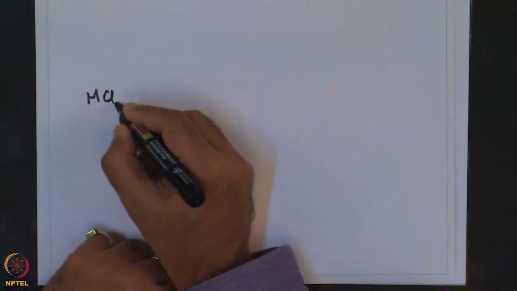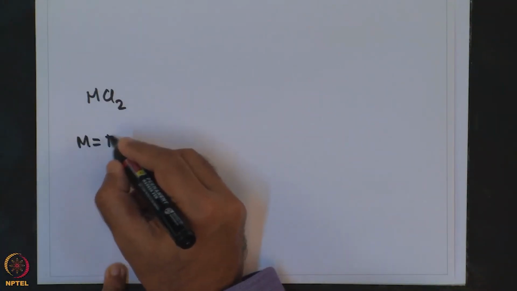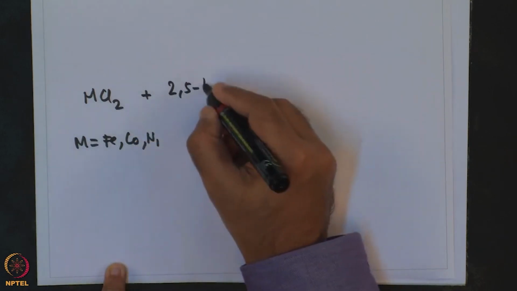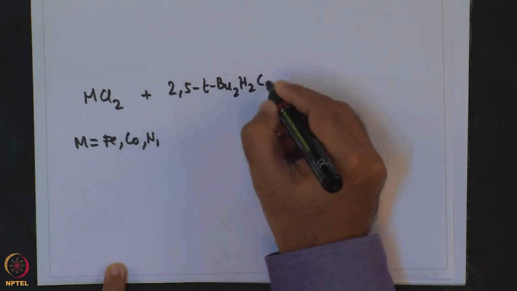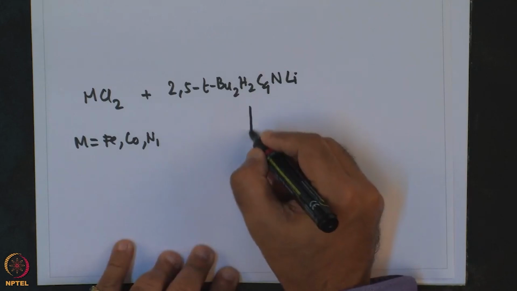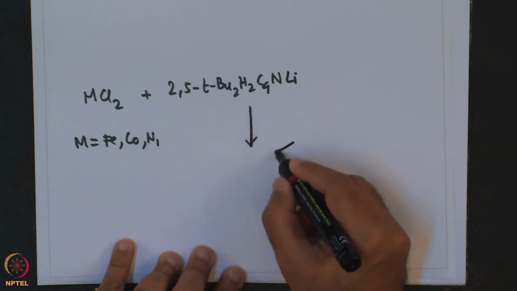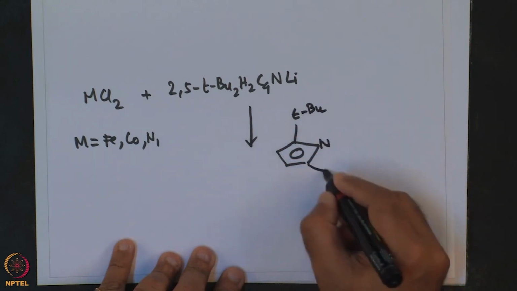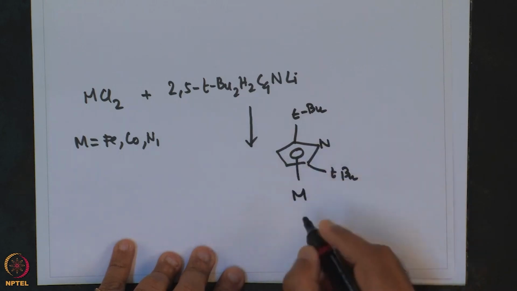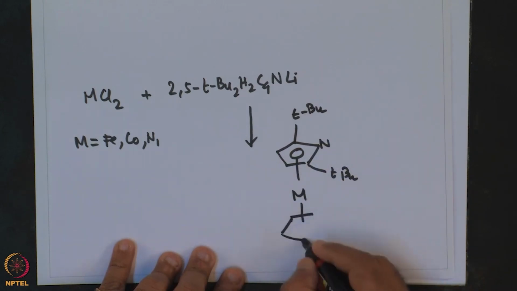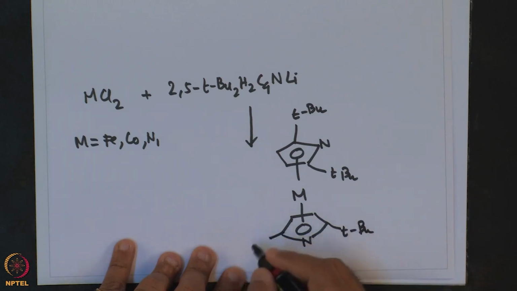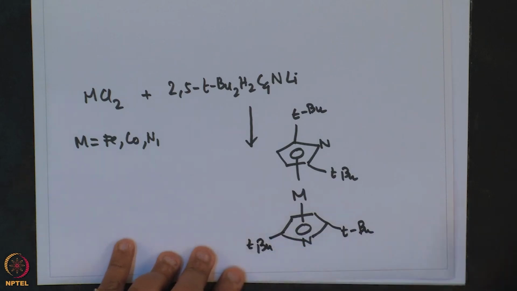then the reaction involves MCl2, where M equals iron, cobalt and nickel, plus 2,5-di-t-butyl H2C4NLi, the preformed lithium salt, that would give this t-butyl N t-butyl M, as a ferrocene with t-butyl substituents.